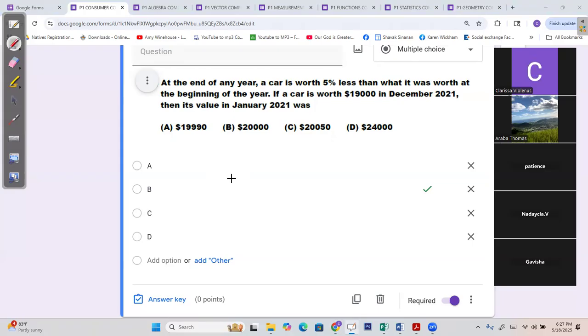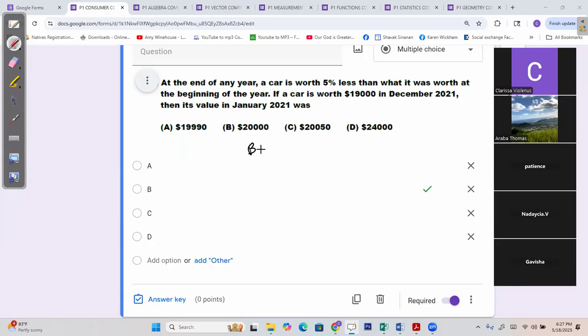So we need to find 5%. This is a bit tricky. How do I explain this?